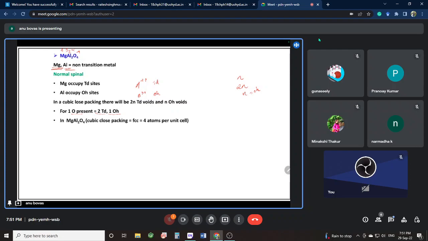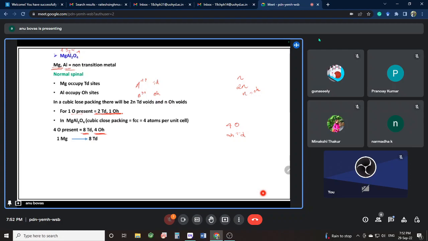In MgAl2O4, it is told in the question that it is cubic close packing, FCC, 4 atoms per unit cell. So 4 oxygen atoms are present. If 4 oxygen atoms are present, 2n tetrahedral voids means 8 tetrahedral voids, and n octahedral voids means 4 octahedral voids will be present.